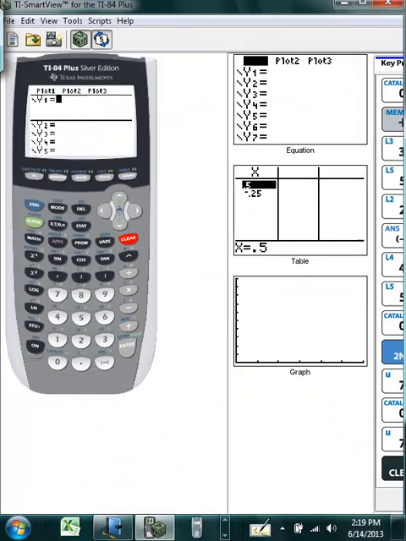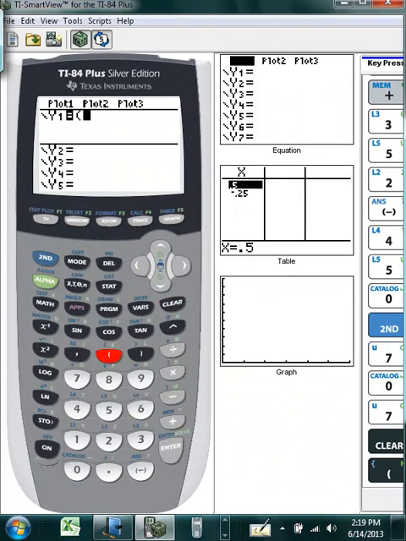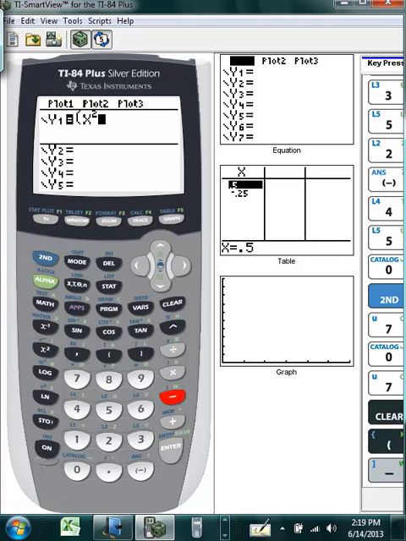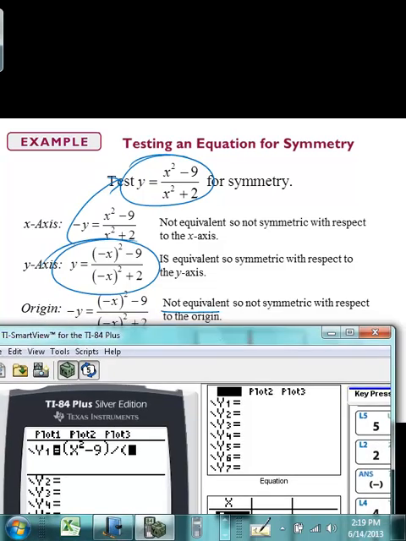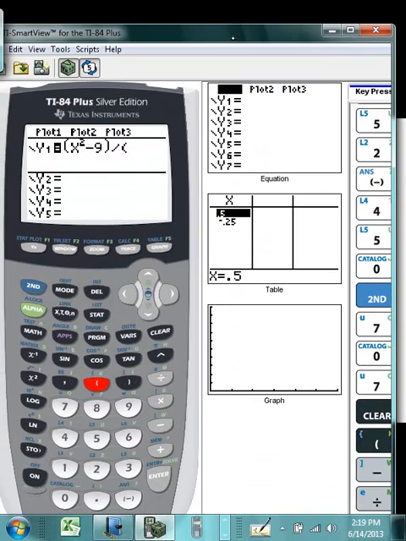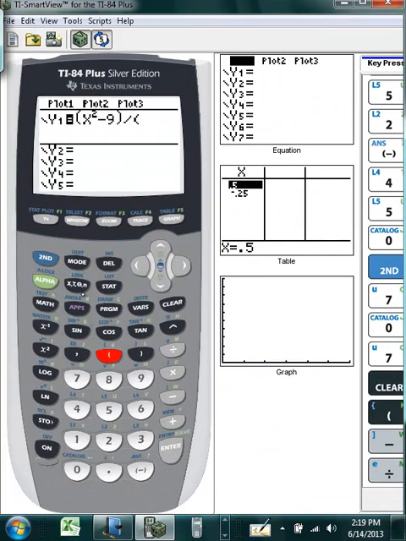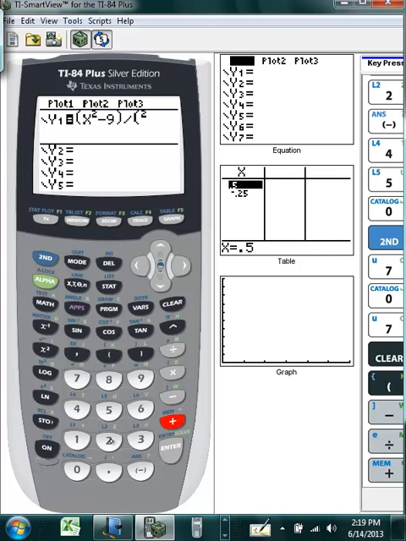That is x squared minus 9. We use parentheses, x squared minus 9, close parentheses, divide that by, and then the denominator, we have x squared plus 2. So x squared plus 2.